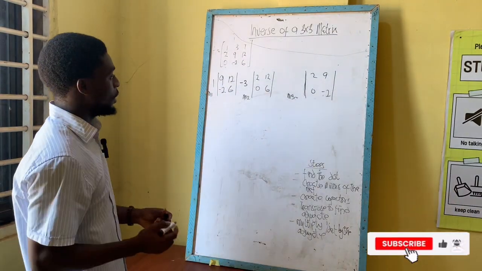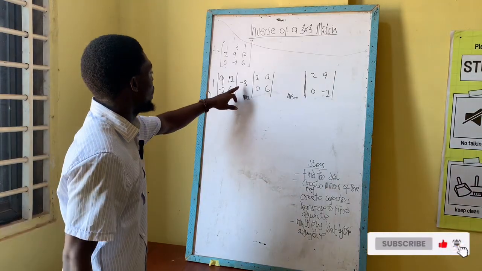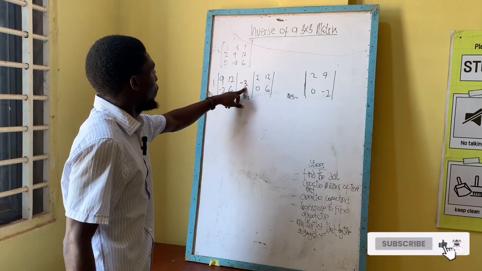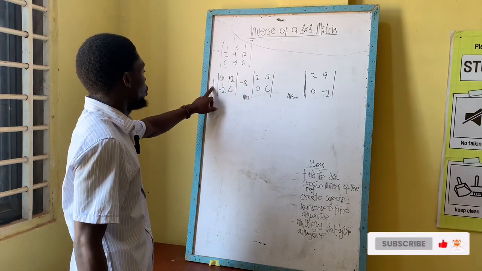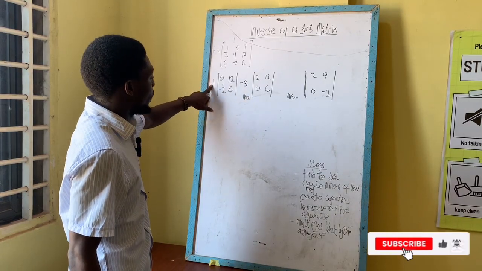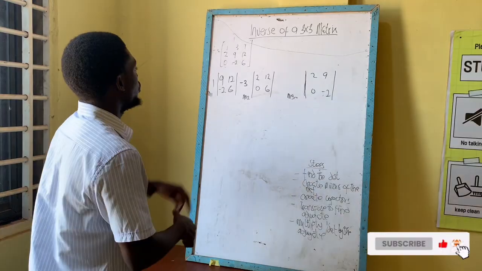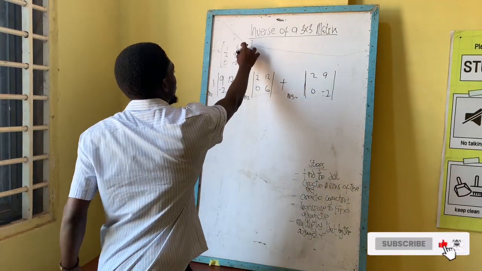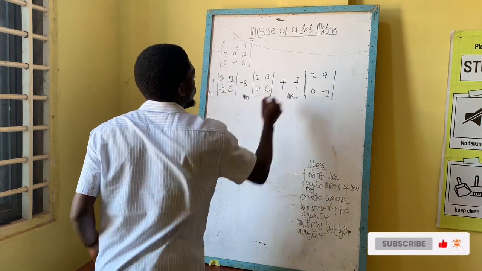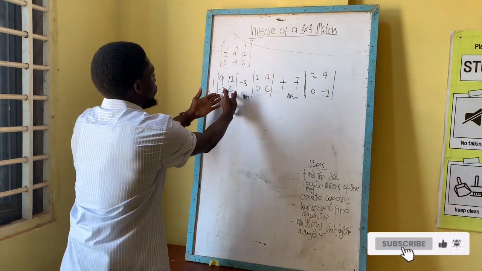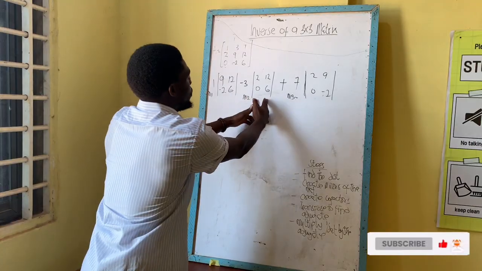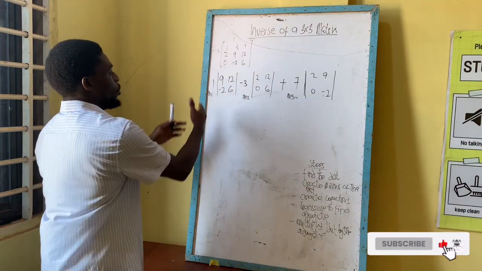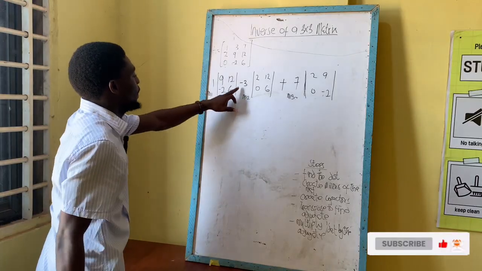In the video, I'm going to explain why we negated this particular value, that's 3, and why we didn't negate 1 and the other one. So we are going to have minus 3, then you add 7, which is the third element of the matrix, to the other one. So we are going to find the determinant of this particular matrix, and the determinant of the third matrix. So after that, you multiply by the element that is in front.